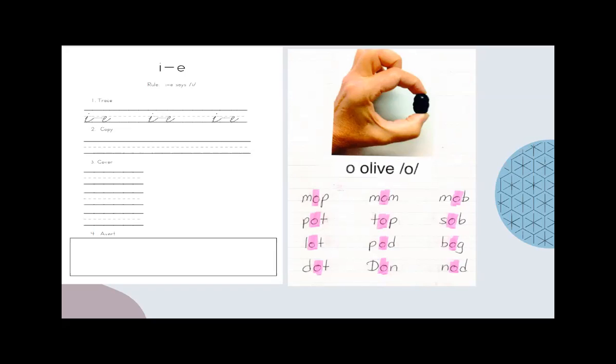Then we're going to take even that crutch away and we're going to cover the top part. And they have to independently, from memory, say to themselves, I consonant E says I. And then the next skill, which is the highest skill in building automaticity, is to do the same thing while averting their eyes.